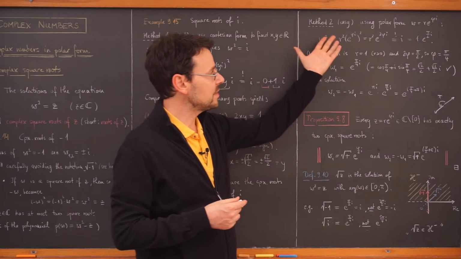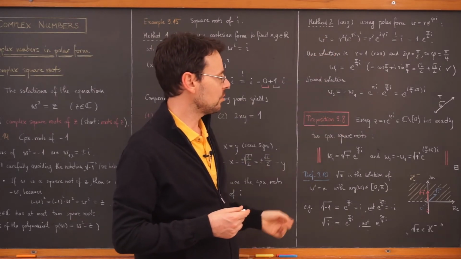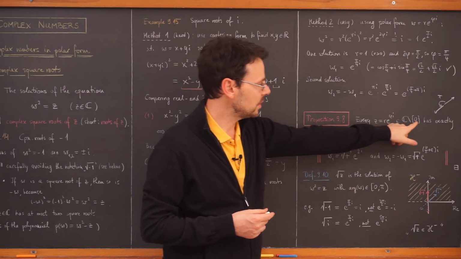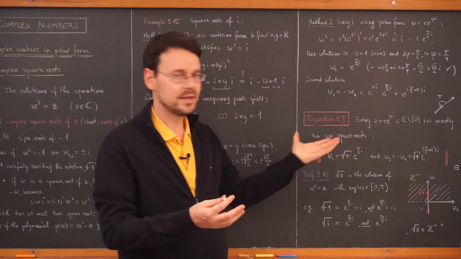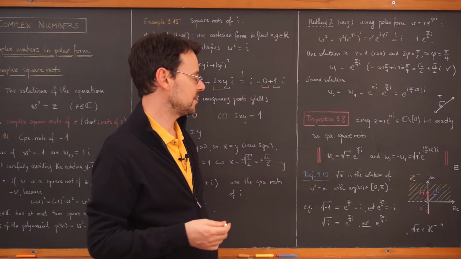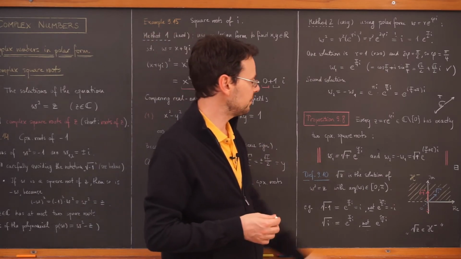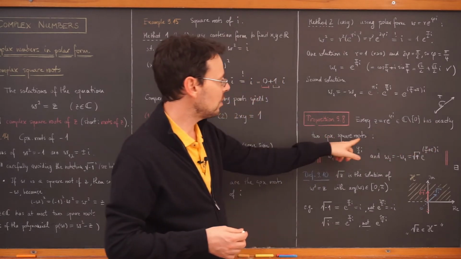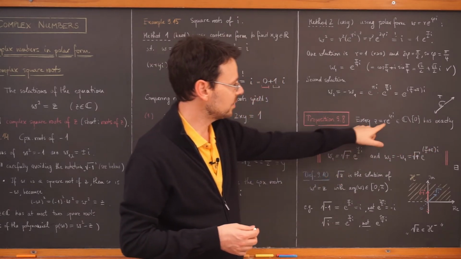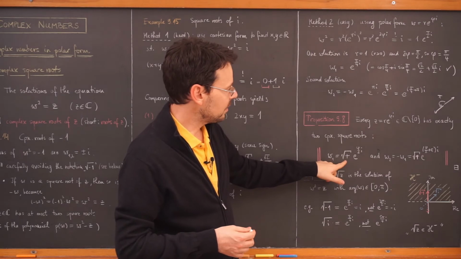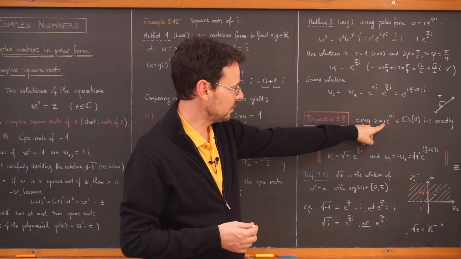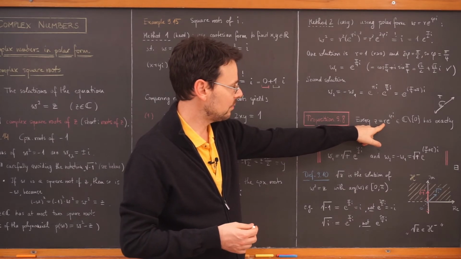And then generalizing this idea, we end up with this proposition that every complex number in this form, except for 0, of course, trivially, the 0 has 0 as its only square root. Each number not equal to 0 has exactly 2 complex square roots, and they are given by taking the square root of the length, the absolute value of the number, length of the arrow.